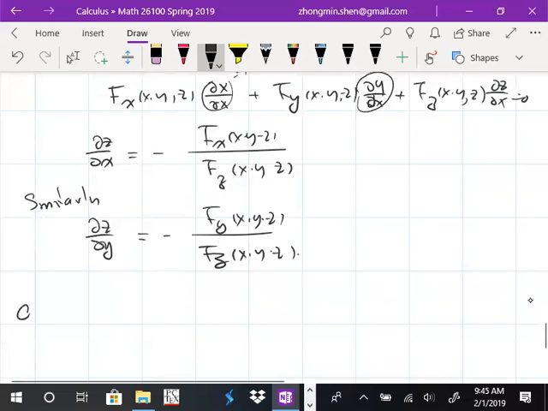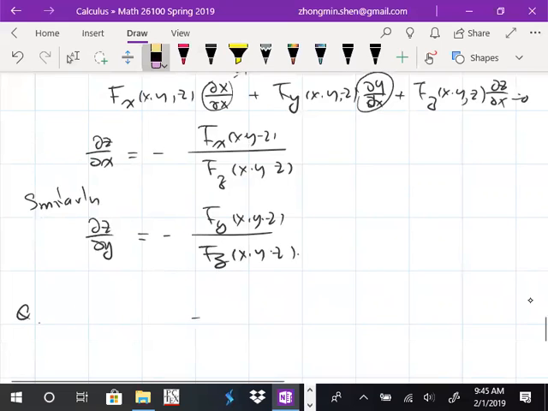Let's look at the following problem. W is going to be xy plus yz. Oh no, let's try a different problem.